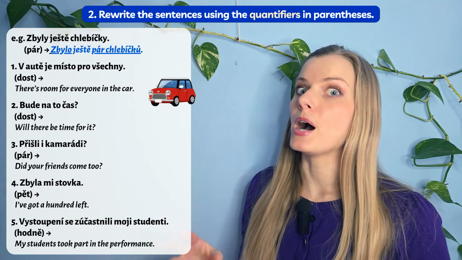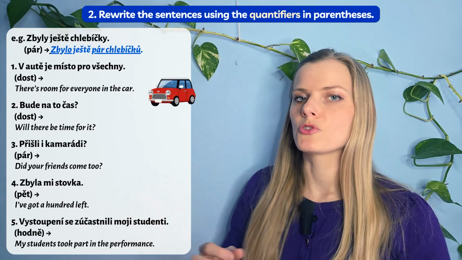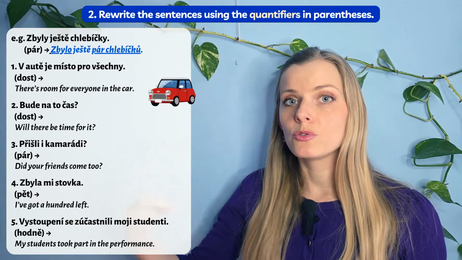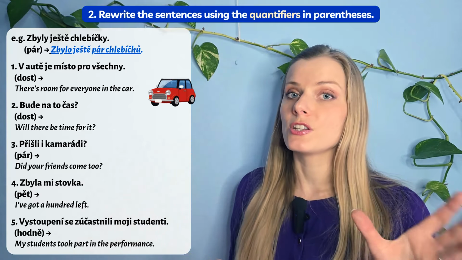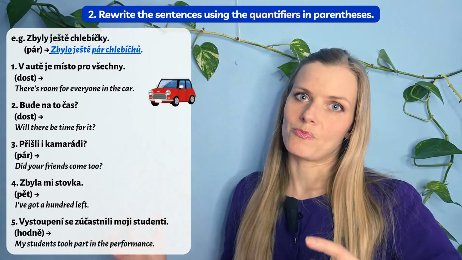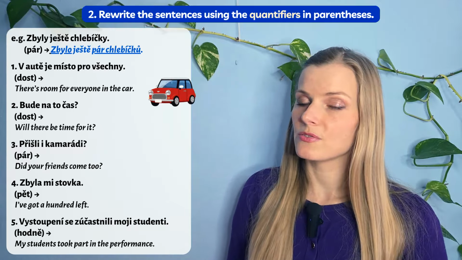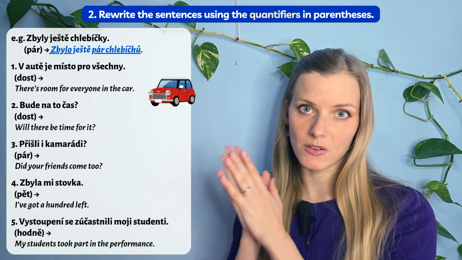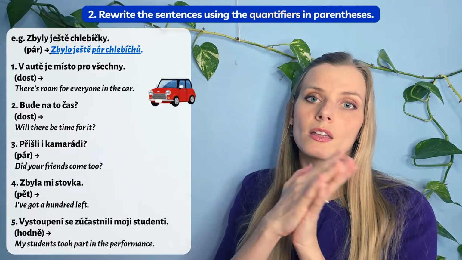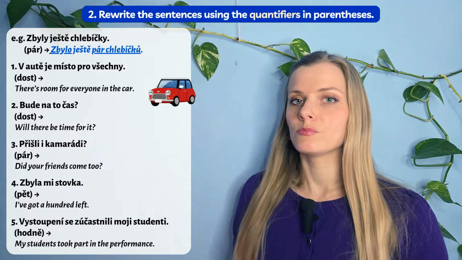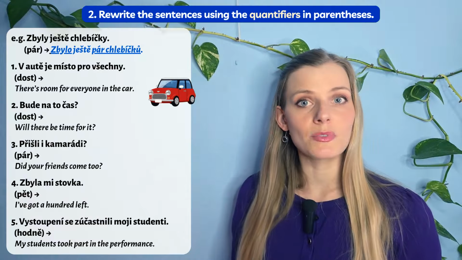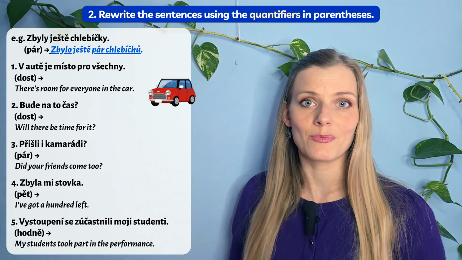Zbylo ještě pár chlebíčků. So you use pár, and then you have to change chlebíčky to chlebíčků. Keep in mind that sometimes the genitive case will be in the singular form if the word is uncountable, and in plural when it's countable. Pause the video if you want some time, and we are going to check it at this moment.